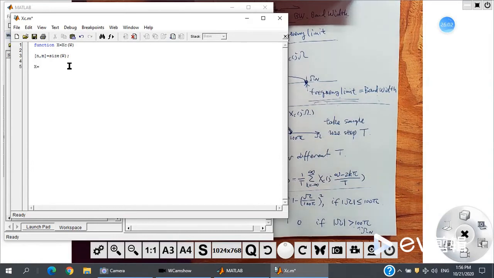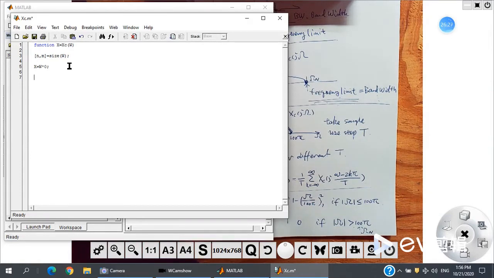X should be the same size as W, so I use W times 0. This gives us X with the same size as W. So if W has 100 values, the capital X also contains 100 values, but all the values in X are now 0. We will change it.